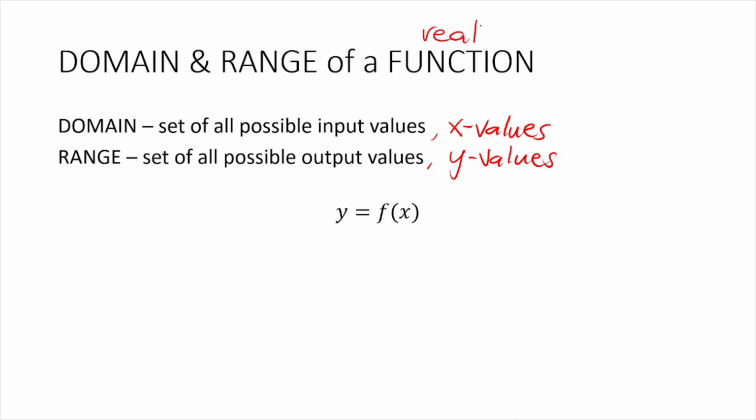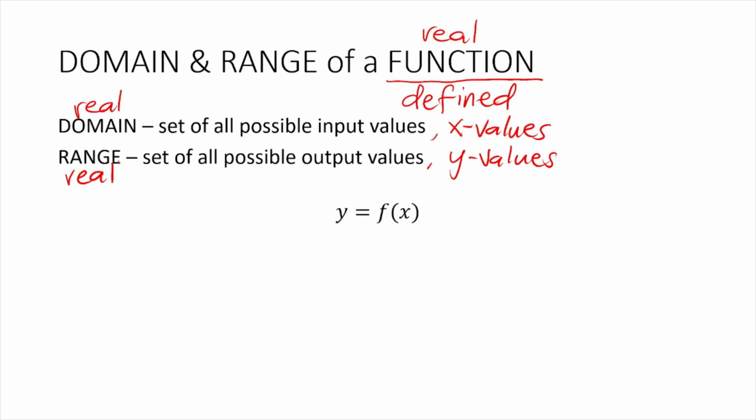In other words, the value of the function must be defined. So when we say the value of the function is defined, again, it must be a real number. And this implies that we must restrict the domain to only real numbers, so as to get real numbers for the range.